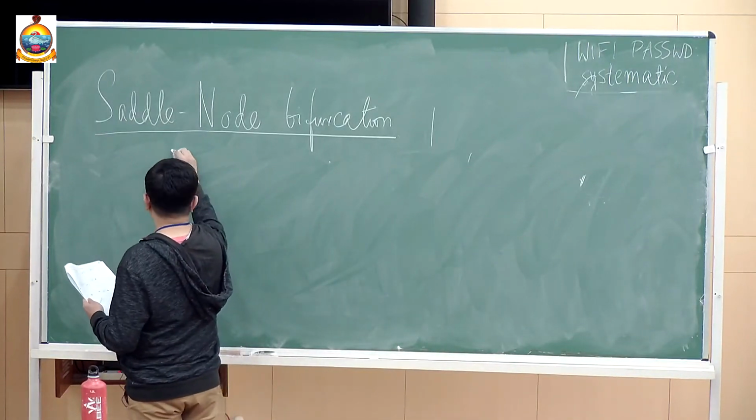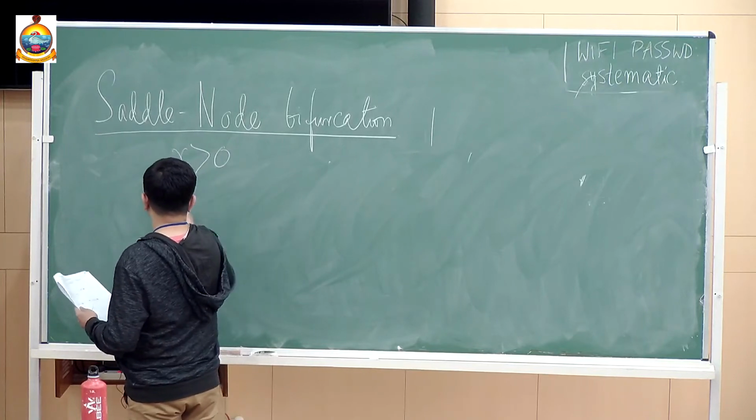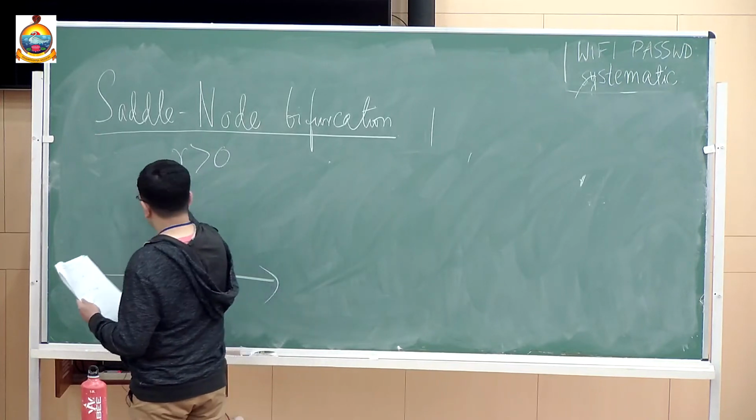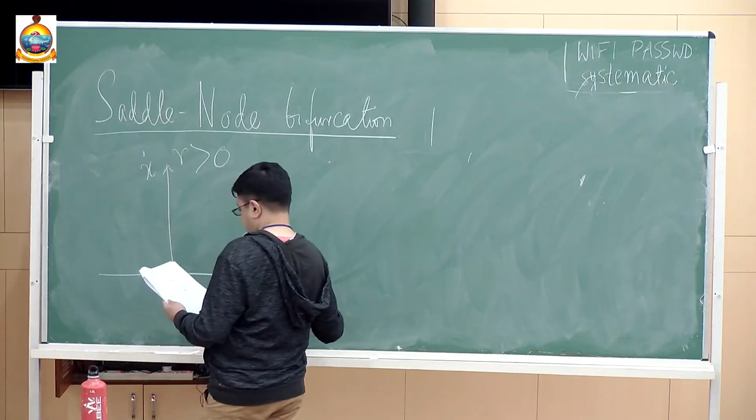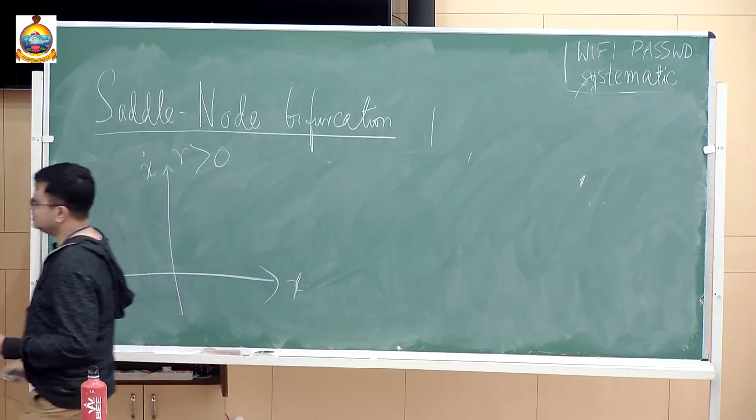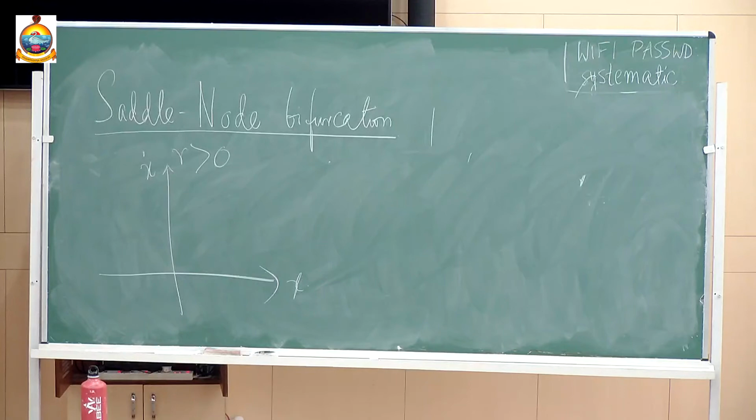So when R is greater than 0, if you plot x dot as a function of x, how to plot it? Well, very close to x equal to 0, this is the term that is going to dominate.